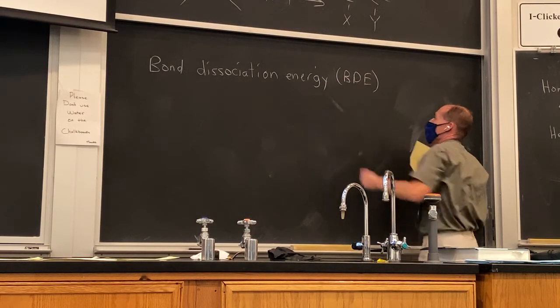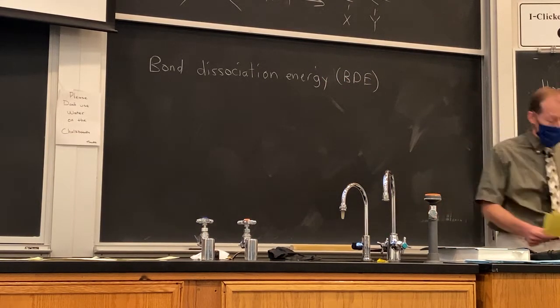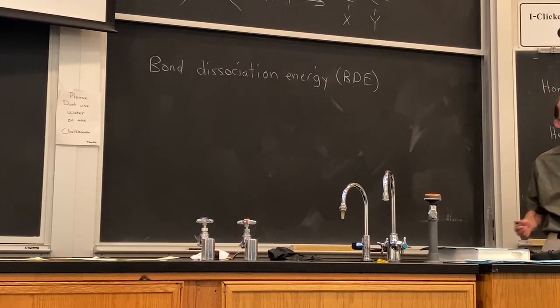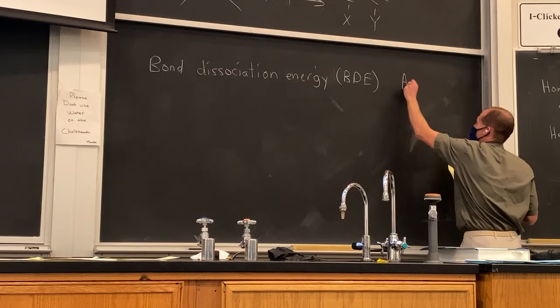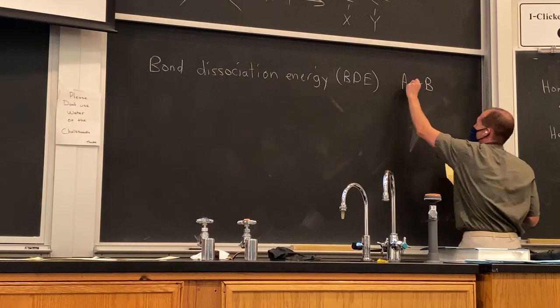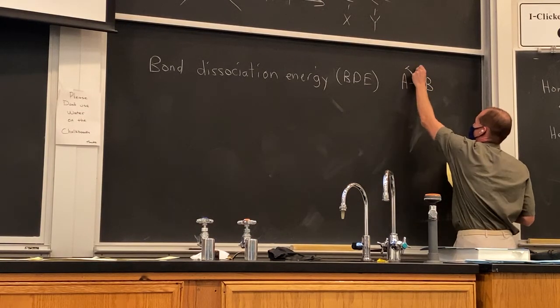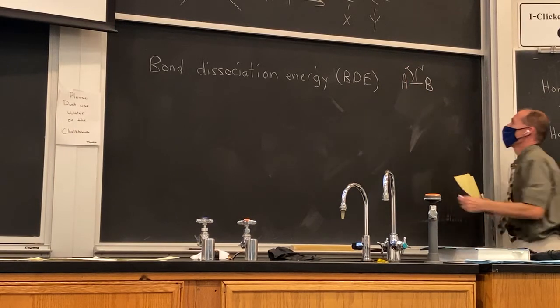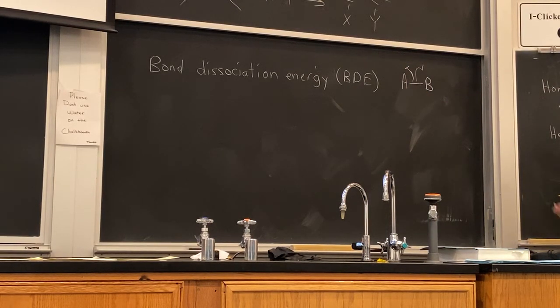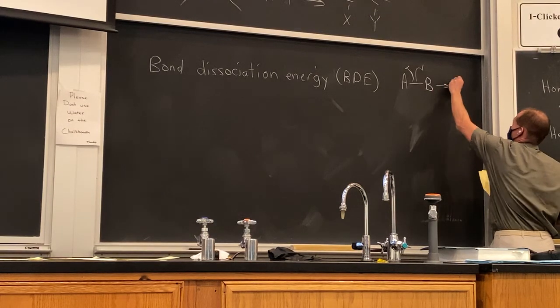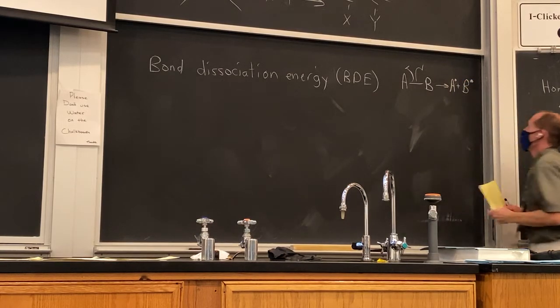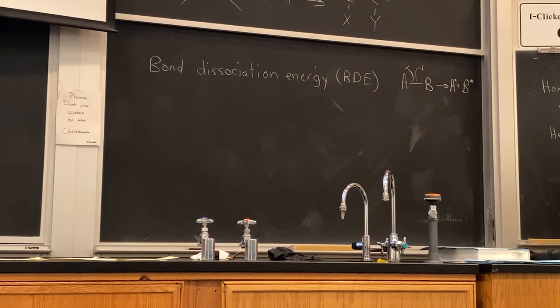Often abbreviated as BDE. So bond dissociation energy, or BDE, is the amount of energy that it takes to cleave a bond in a homolytic fashion. Okay, these are our two barbed fish hooks showing that we're cleaving the bond between A and B in a homolytic fashion, and we are generating radicals as a result of that process.